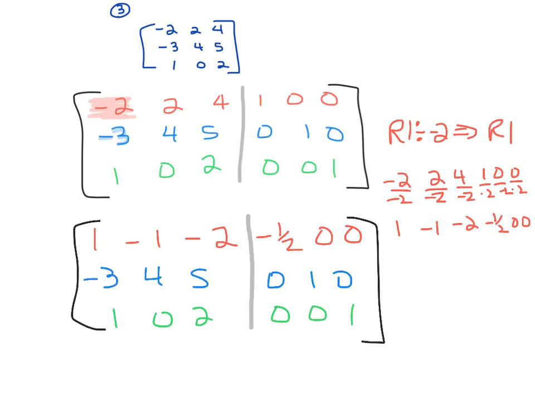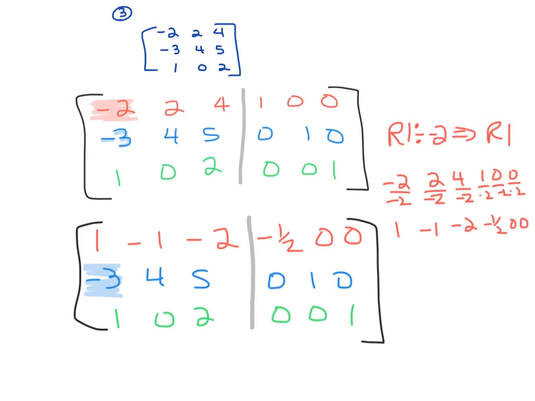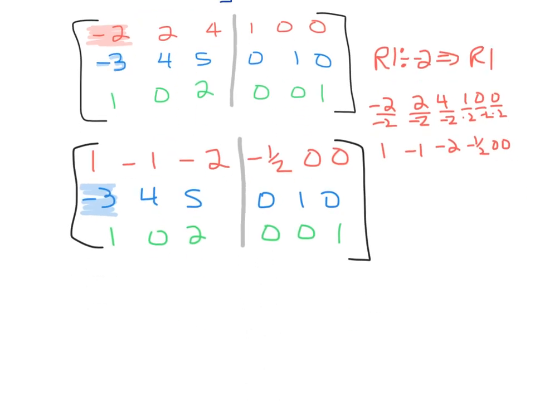All right, so now the next thing I need to take care of are the zeros down the column. So I'm going to take care of the -3 first. So I need to change this -3 into a 0. So I'm going to multiply row 1 by 3, add it to row 2, which gives me my new row 2.